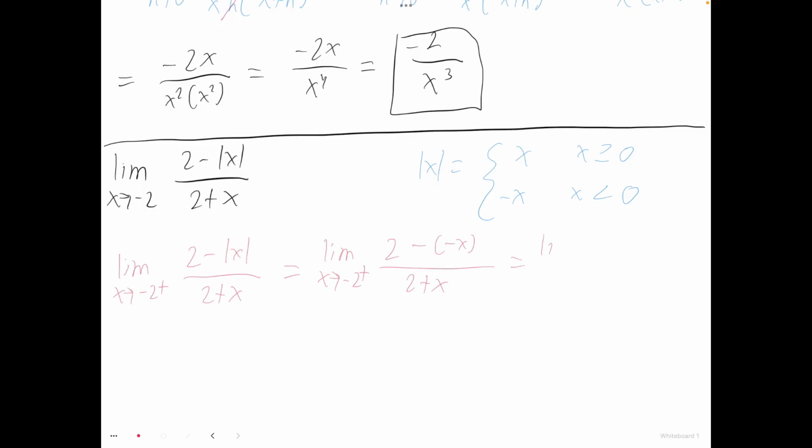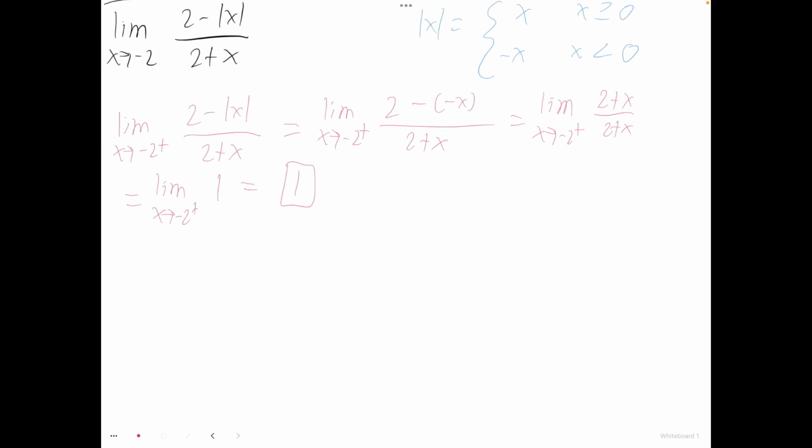And so then we'd have the limit as x goes to negative 2 from the right of 2 plus x over 2 plus x, which is the limit as x goes to negative 2 from the right of just 1, which equals 1. And so we get 1 for the right-hand limit.